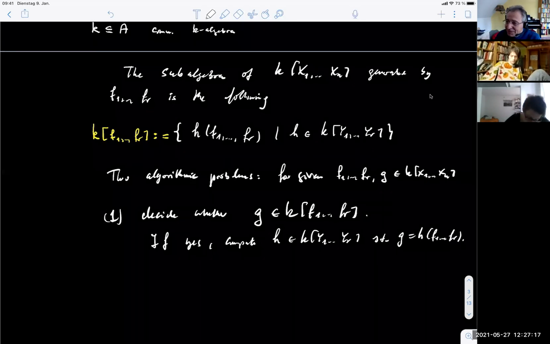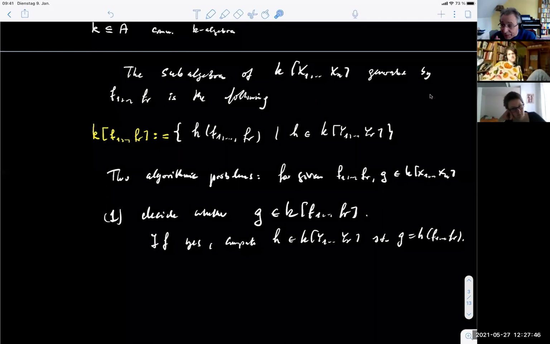I hope you see the analogy. If instead of algebras we looked at vector spaces, where we only allow addition and scalar multiplication, then I would put a k-linear combination of the f polynomials.